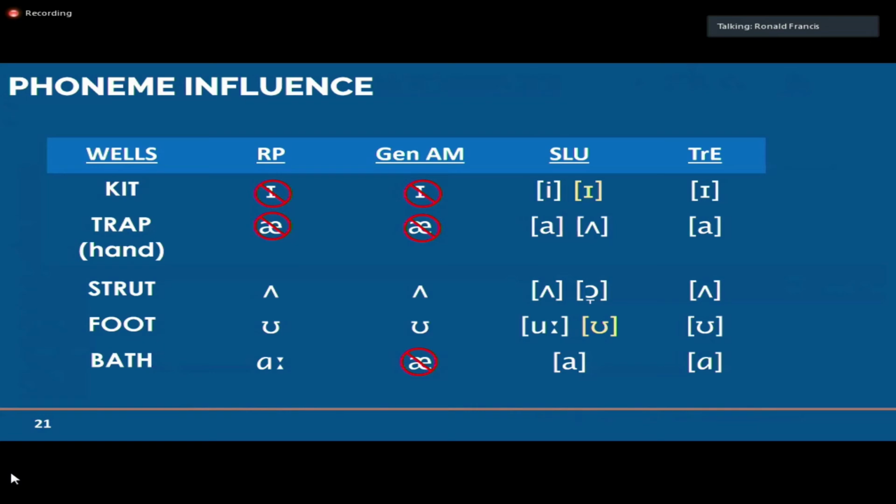And I even showed differentiation between Trinidadian English as well. And the foot vowel, which is an upsilon in American and British English, is often a long U, that tense U sound with length in St. Lucian English. So it shows more of the phoneme influence.